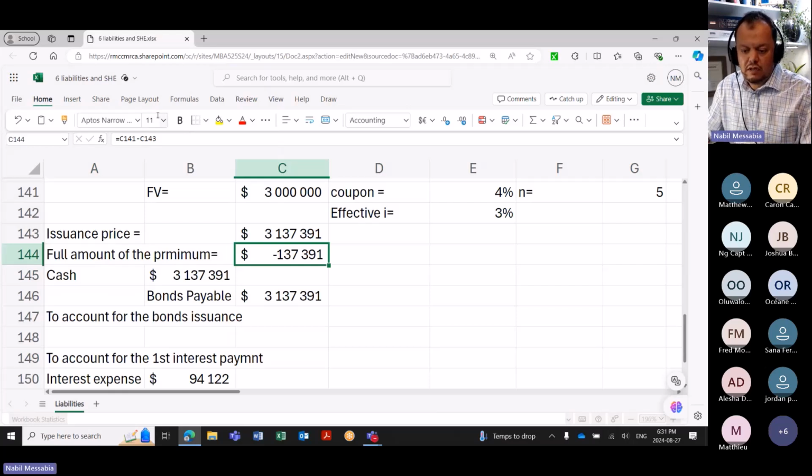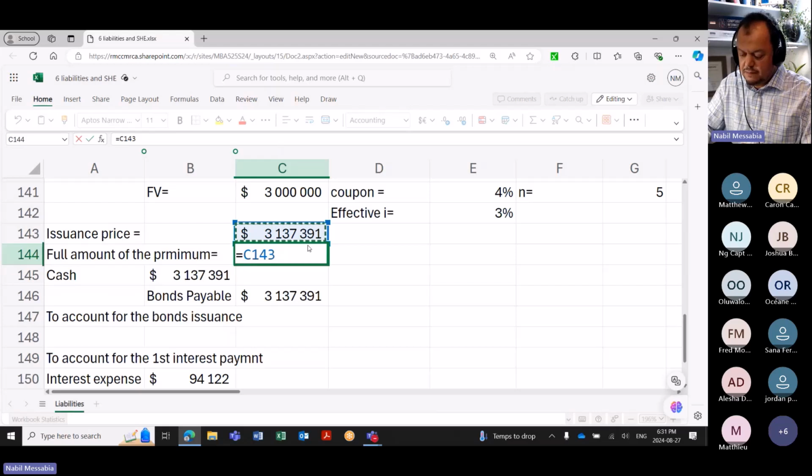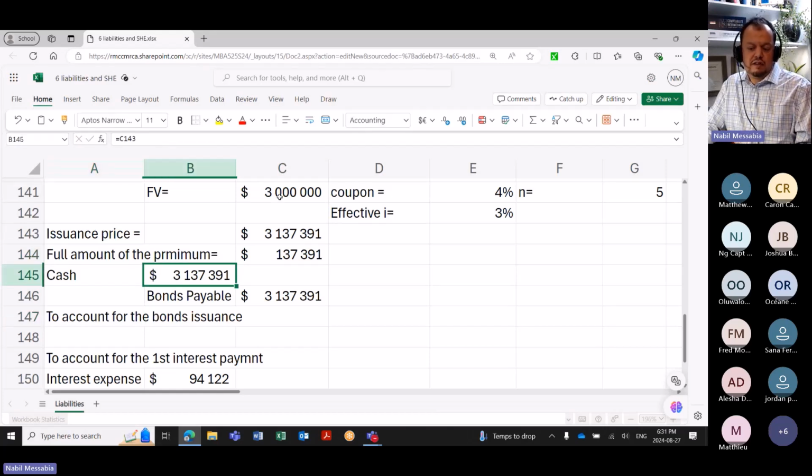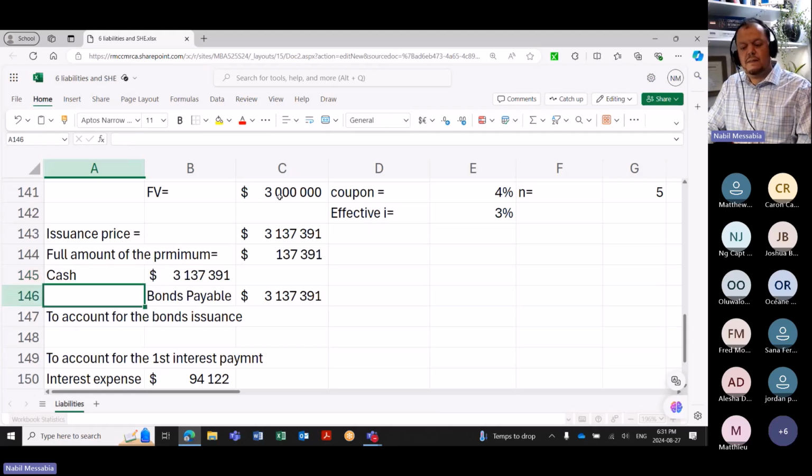And 133,000. So now the premium is the issuance price minus the par value. So at the day of the issuance, you debit cash for 3,137,000. That is the amount you're going to collect. Credit bonds payable for that amount.